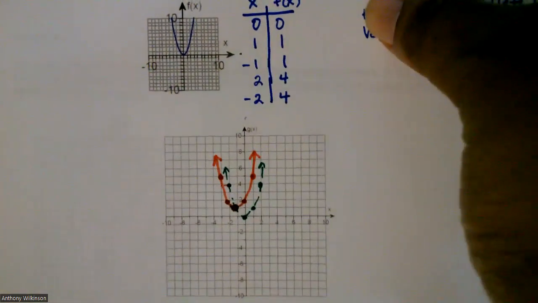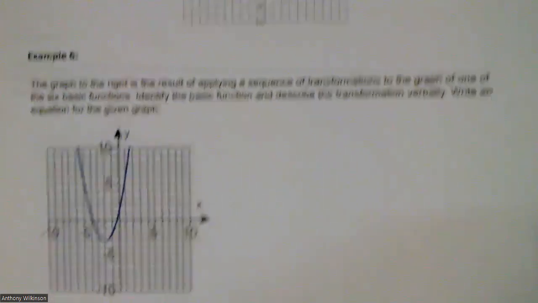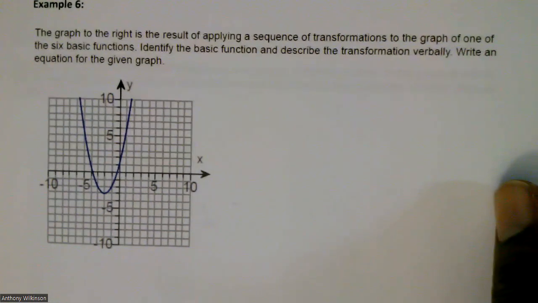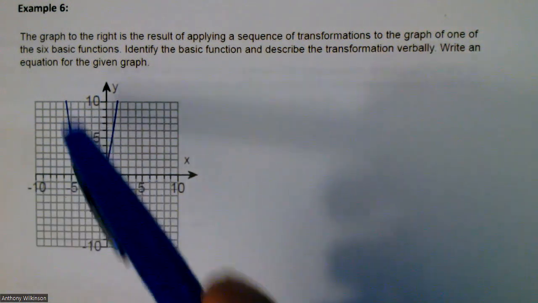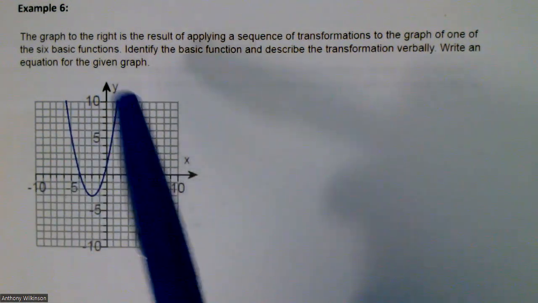All right, example 6. Now let's say the graph here is the result of applying a sequence of transformations to the graph of one of the 6 basic functions. Identify the basic function and describe the transformation vertically, and then write an equation for the graph. Well, by looking at this graph right here, we know that it opens upward like this.